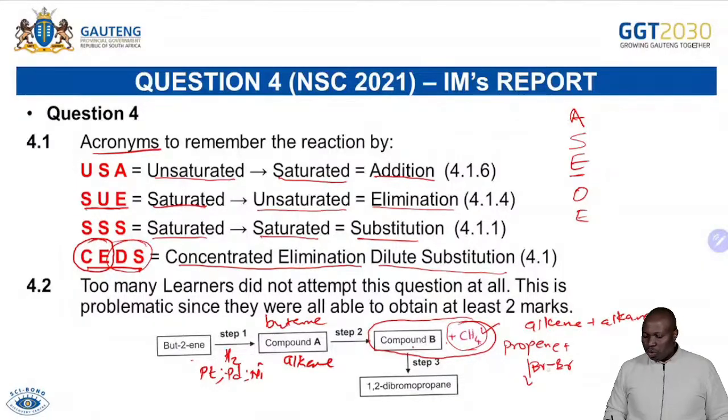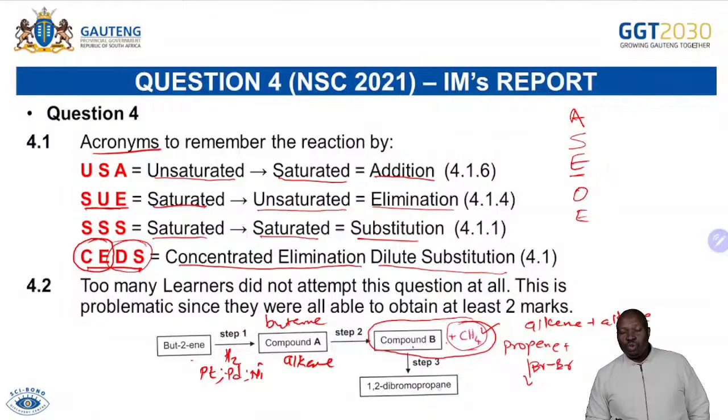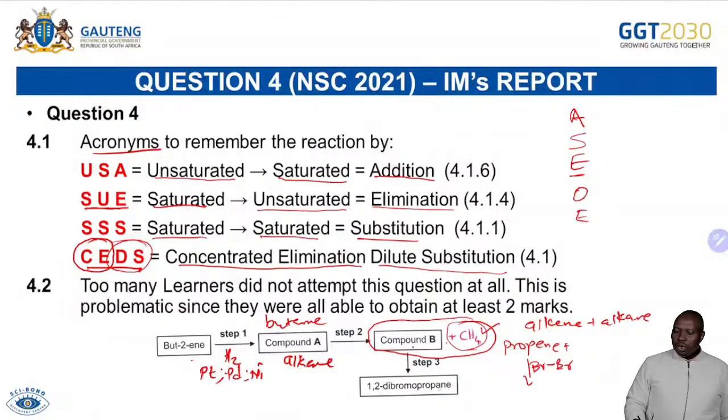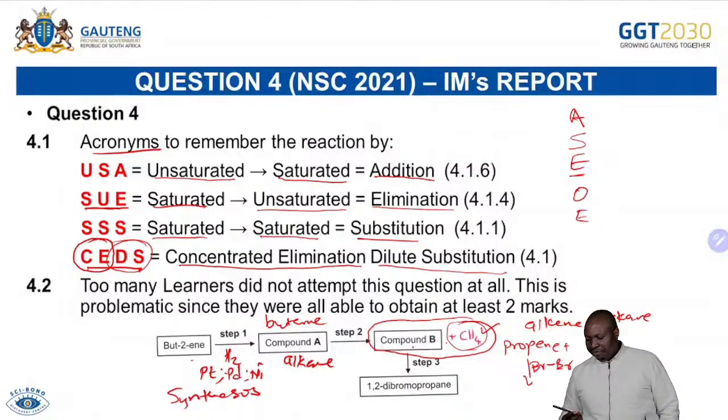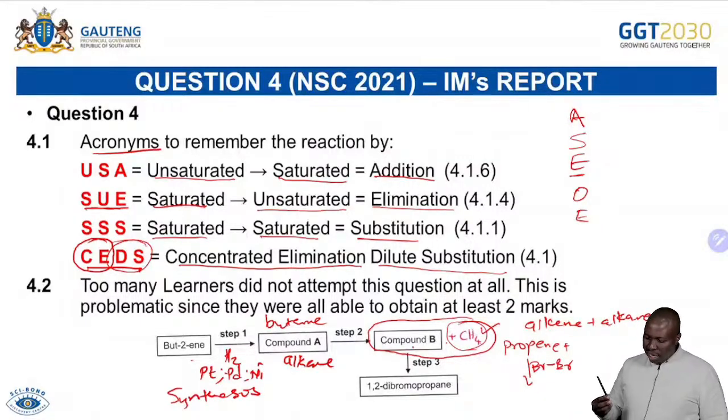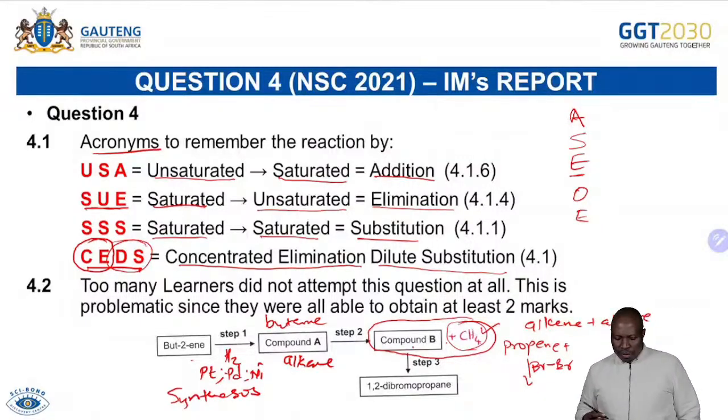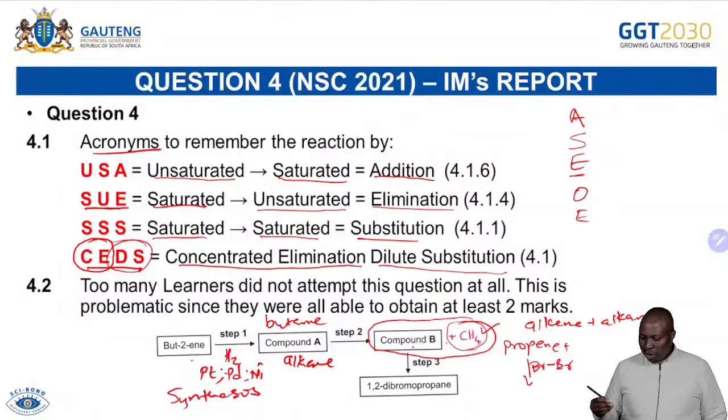Immediately when you add Br2, we are going to get 1,2-dibromopropane. So learn and practice many synthesis reactions, this type of reactions where you are forming something from something. I find them very interesting. And always know the reaction conditions of these reactions.